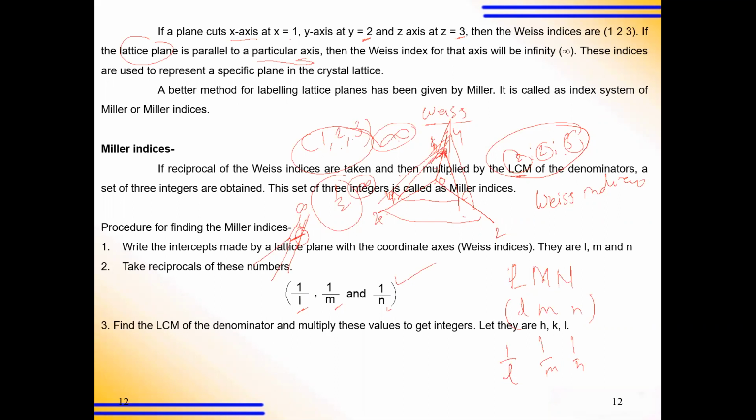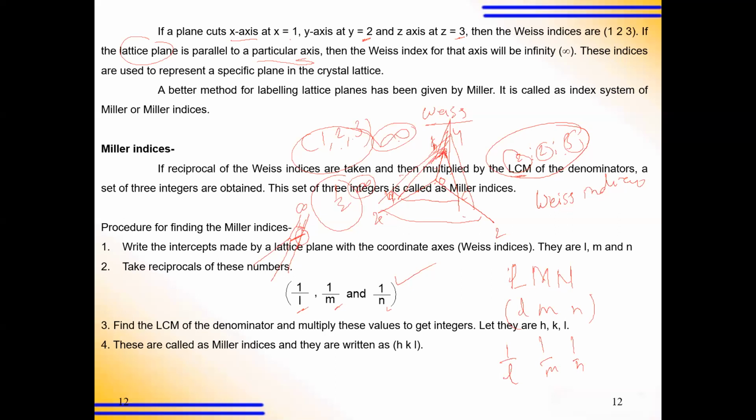थर्ड स्टेप दॅट इज फाइंड द LCM ऑफ द डिनॉमिनेटर अँड मल्टिप्लाय दिस व्हॅल्यूज टू गेट इंटिजर, अँड लेट्स से दे आर HKL. आता काय करायचं आहे, फाइंड LCM, देन त्याचा LCM घ्यायचा आहे डिनॉमिनेटरचा and multiply these values to get the integers. Let's say they are HKLs. तो काय असणार आहे तुमचा HKLs.